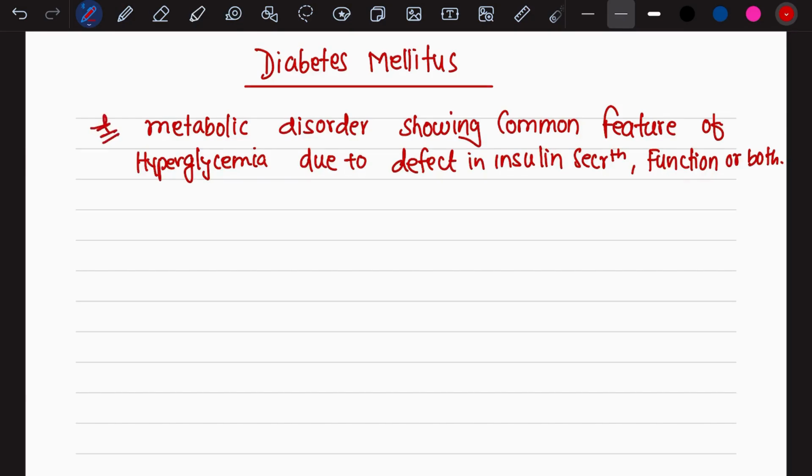That's the basic diabetes mellitus definition, which we can say for understanding terms.